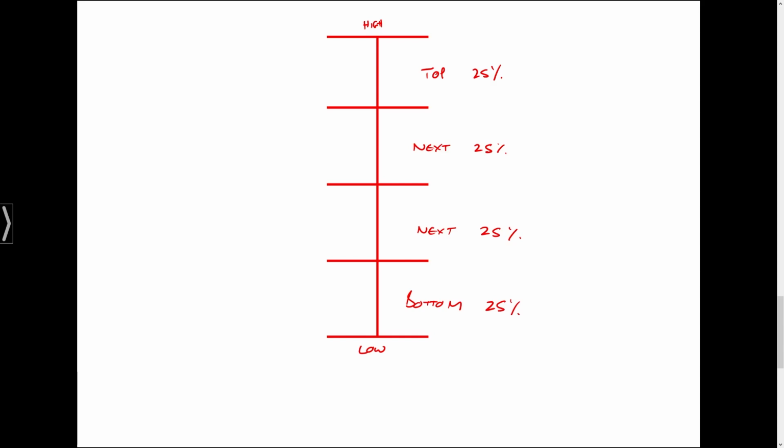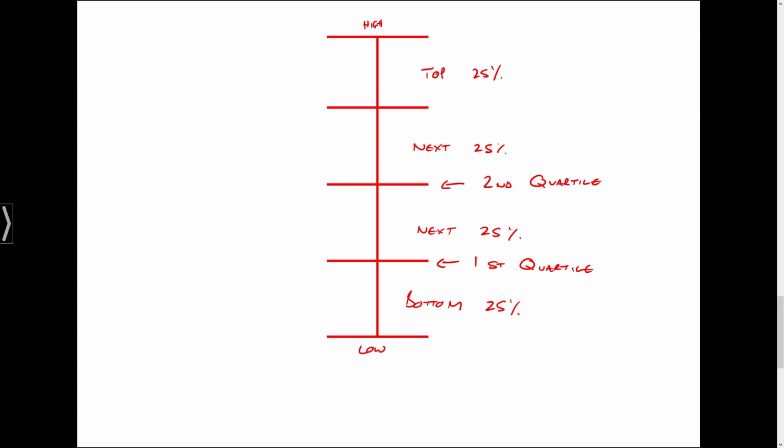Well, first quartile is this value here. So 25% of observations will lie below the first quartile. The second quartile is this point here. So notice 50% of observations will lie below the second quartile.